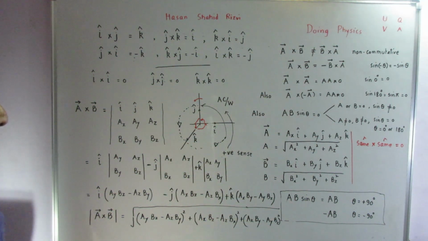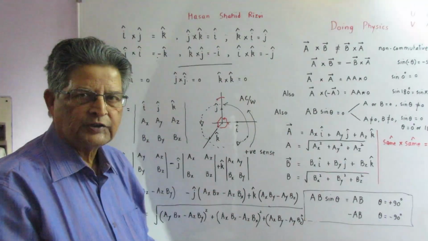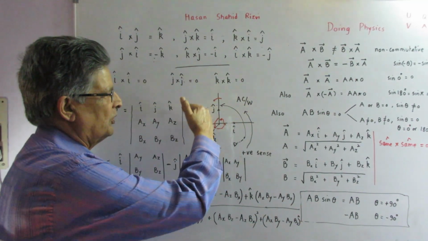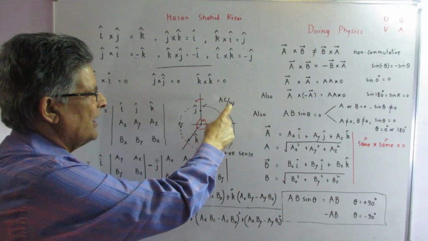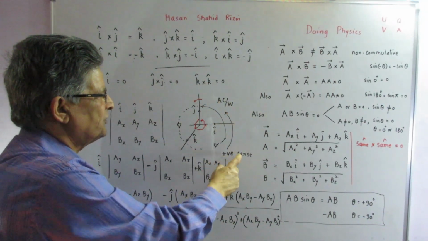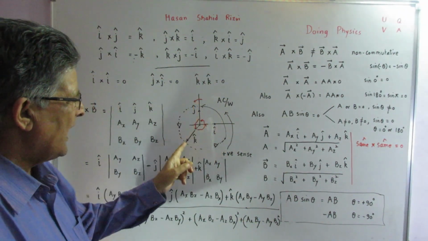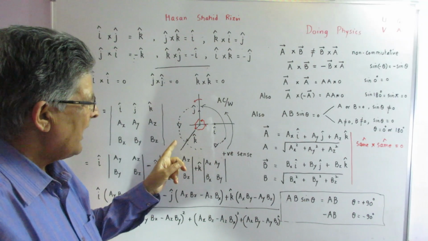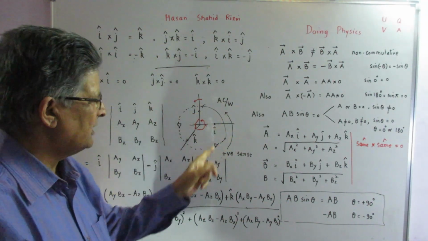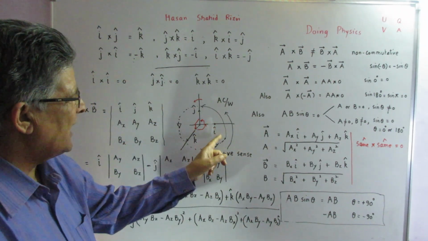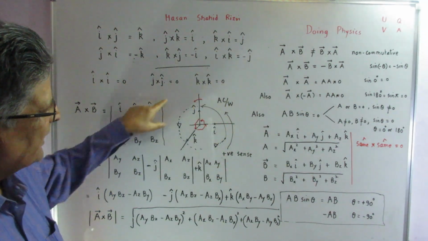And in the cyclic order that I have just made here, I can show you that there is a counterclockwise or anti-clockwise, positive sense of rotation. Then i cross j, I go to the next, k; j cross k, I go to the next in the same cyclic order, i; and k cross i, I come to j in the same cyclic order.